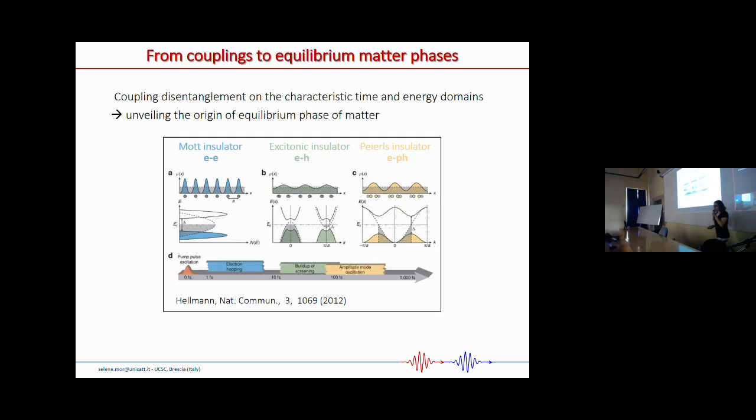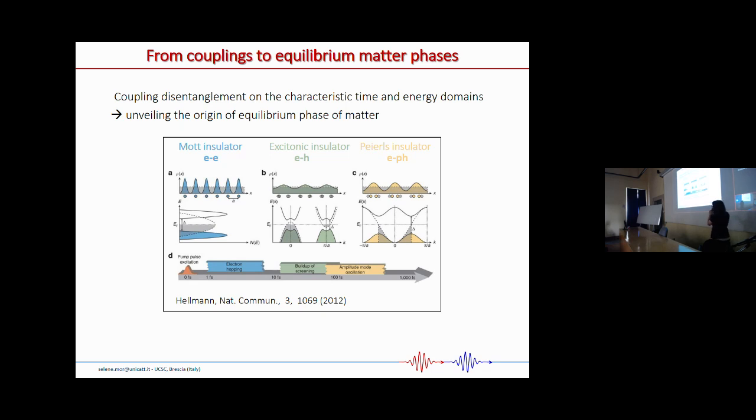Couplings are important not only because they determine the time scale of your dynamics, but they also really matter at equilibrium. This is one pioneer work where, by means of time resolved ARPES, time resolved angle resolved photoemission spectroscopy, they tried to do some kind of time and energy classification of complex matter phases.